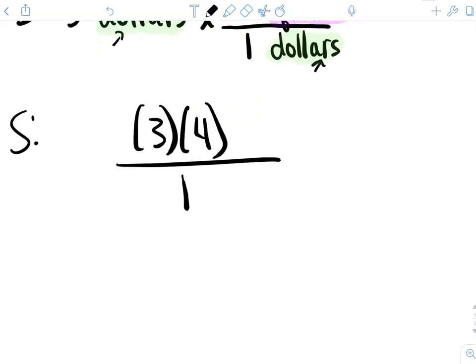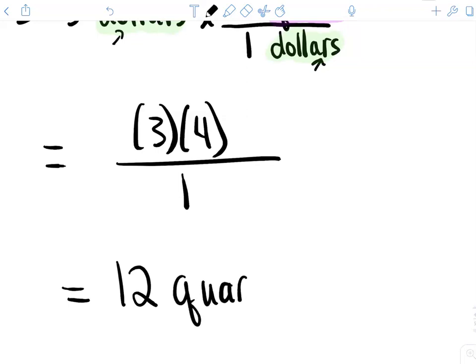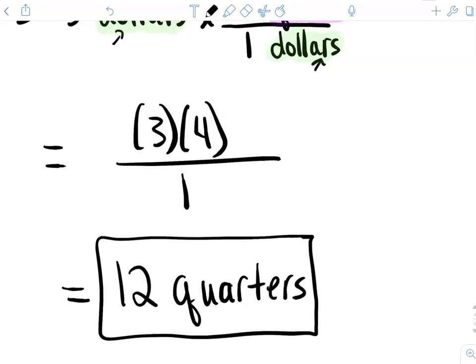And whenever you do that, you're going to get 12. So 12 quarters would be your answer.